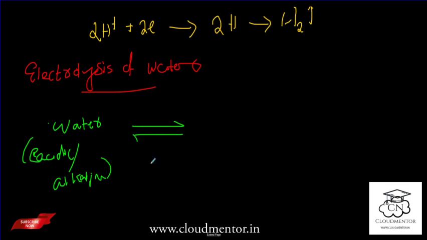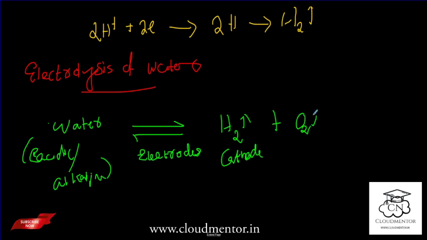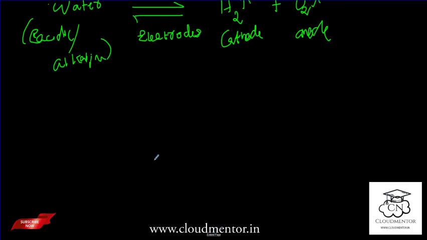using some suitable electrodes, and we will get the products: H2, hydrogen, at the cathode, and oxygen gas at the anode. So this is the method, and we can separately show the reaction that takes place at the cathode and anode.